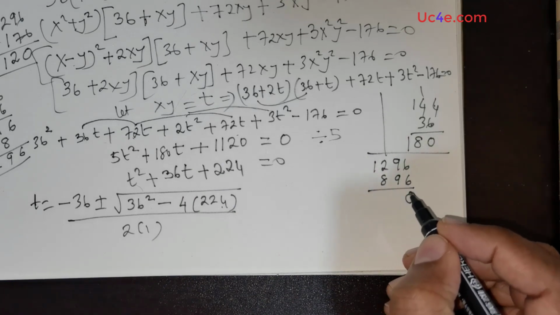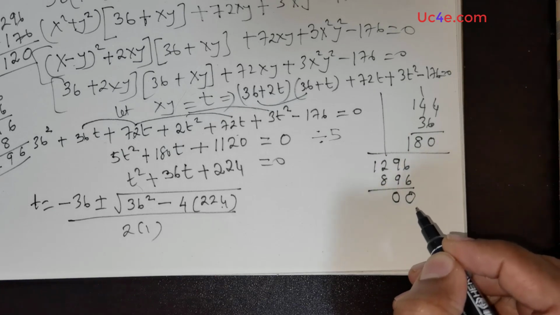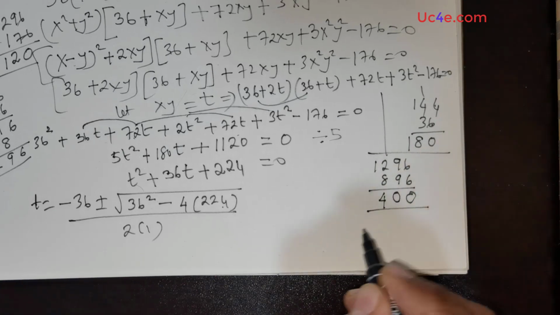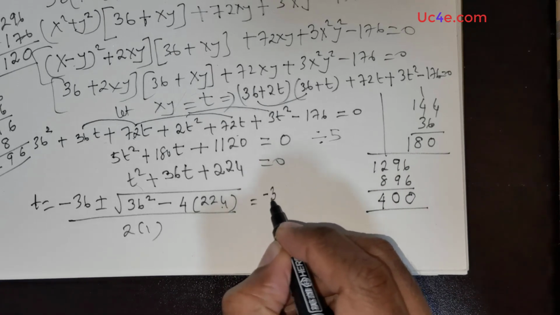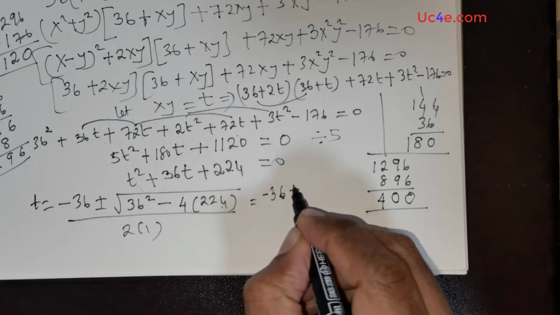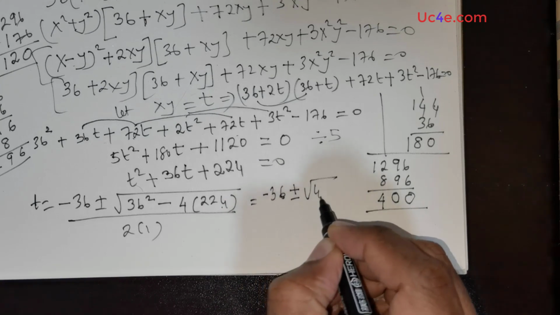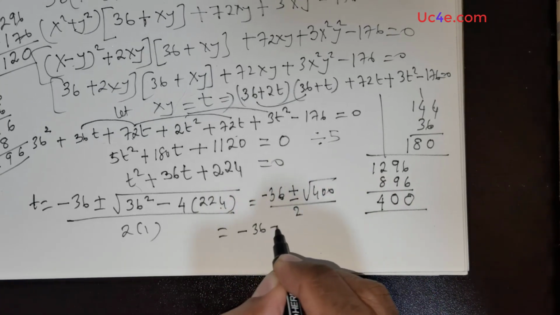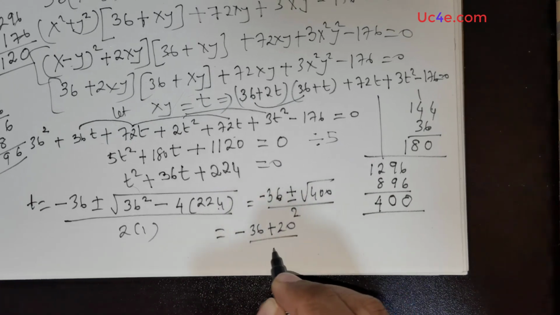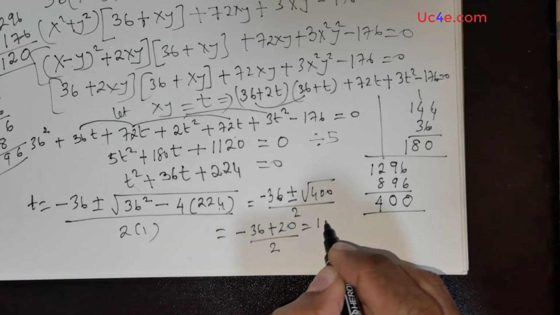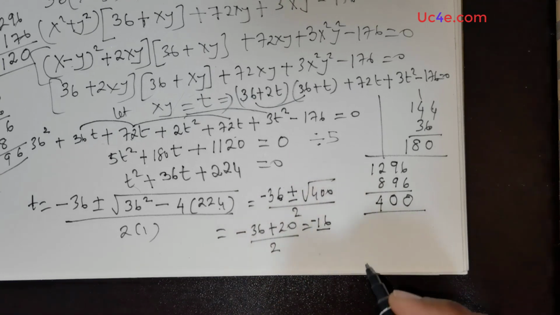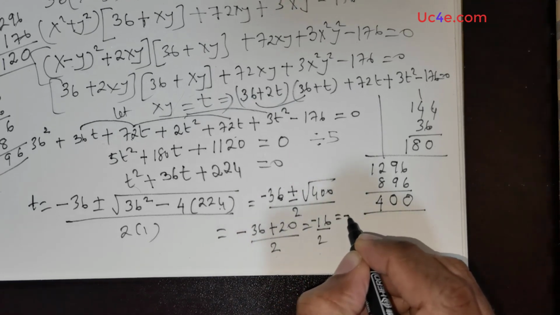Let's take the values out. 1296 minus 896 gives me 400. So this is equal to negative 36 plus or minus the root of 400, divided by 2, which is equal to negative 36 plus 20, divided by 2, which is going to be negative 16 divided by 2, which gives me negative 8.